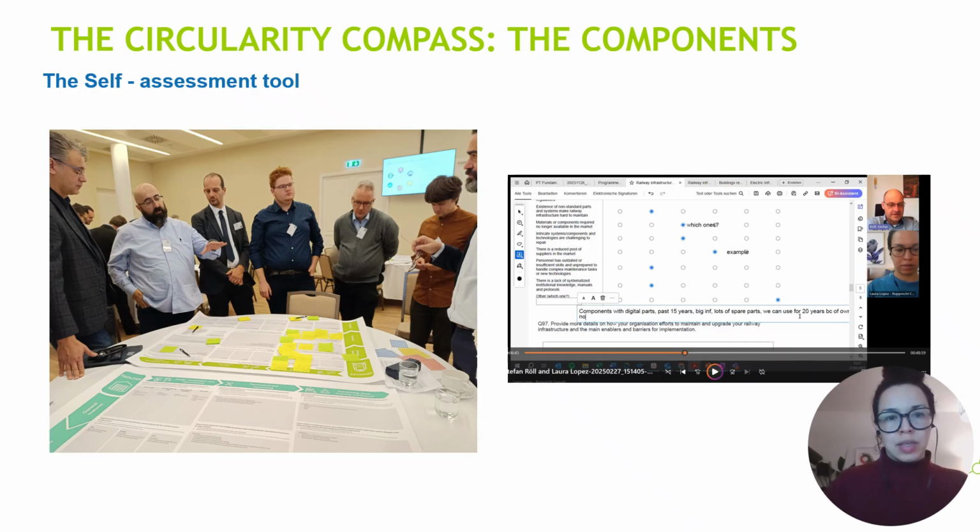So we have used this consistently across the project for different purposes, for drafting the strategies and the action plans that the 5 transport operators that we have as part of the project had to implement, and also for conceptualizing and designing the pilots that these transport operators have implemented throughout the project. So it's really a practical tool that can be adapted to different settings and for different needs.